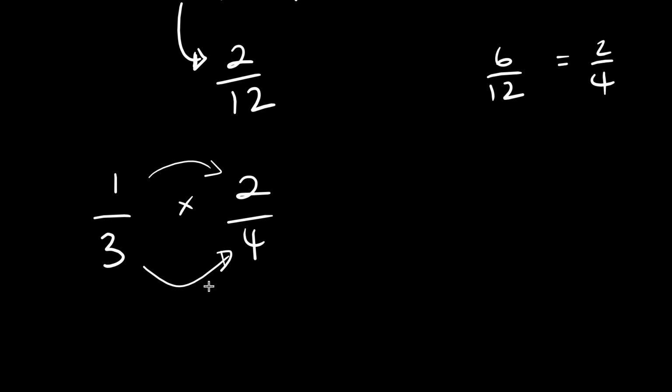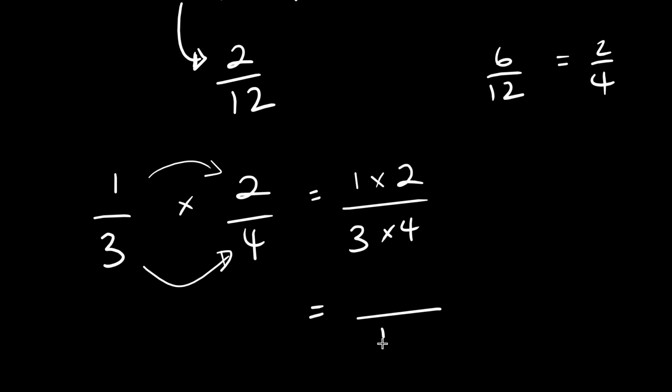There might be situations where you have cancellation, but the fact of the matter is that I'm going 1 times 2 over 3 times 4. So of my 12 parts, two of them, two of that 12, is representative of the initial 1/3 of 2/4. So the answer here is 2 over 12. And the takeaway is that we're going to multiply numerator by numerator and denominator by denominator. That is how that works.